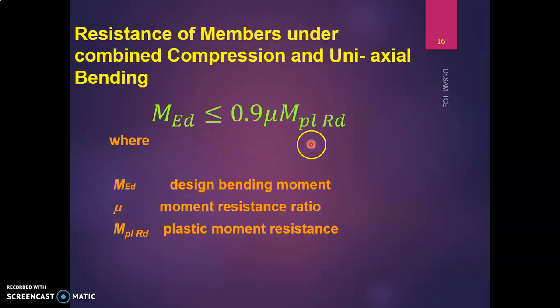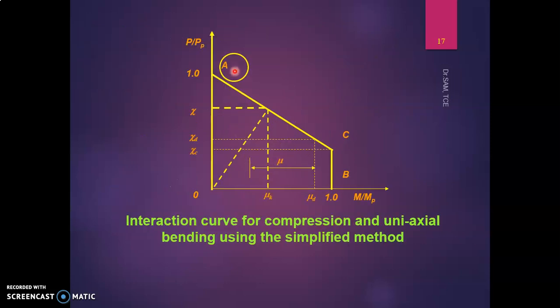Coming to the moment resistance check, the resistance of the column is nothing but 0.9 times mu into Mpl,Rd, where Mpl,Rd is nothing but the plastic resistance of the column. To calculate mu, you have to follow this particular figure. I already explained this is nothing but the interaction curve of a composite column subject to uniaxial bending.